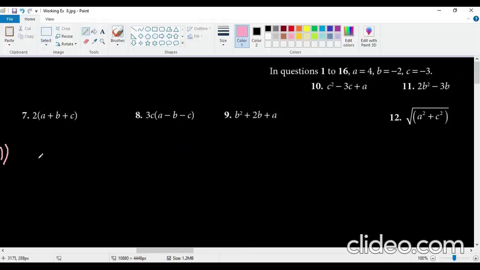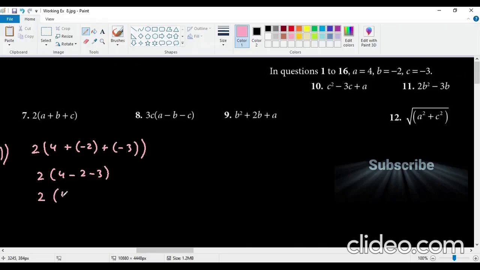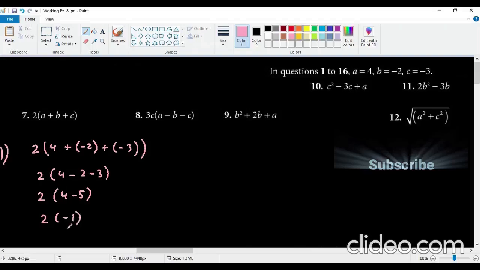Now, 2 times the value of a is 4, plus value of b is -2, plus c value is -3. So it's going to be 2 times 4 minus 2 minus 3, which is 8 minus 5. So 2 minus 1 and -2 is going to be your final answer.